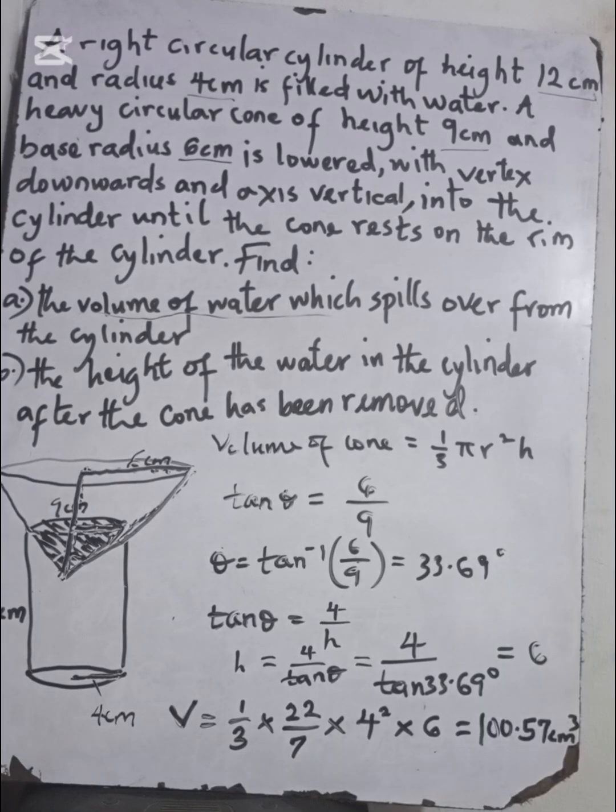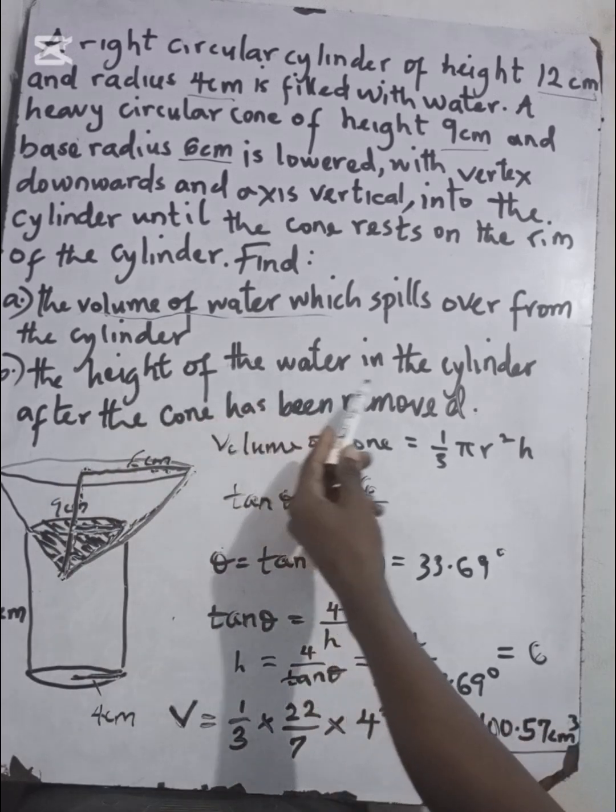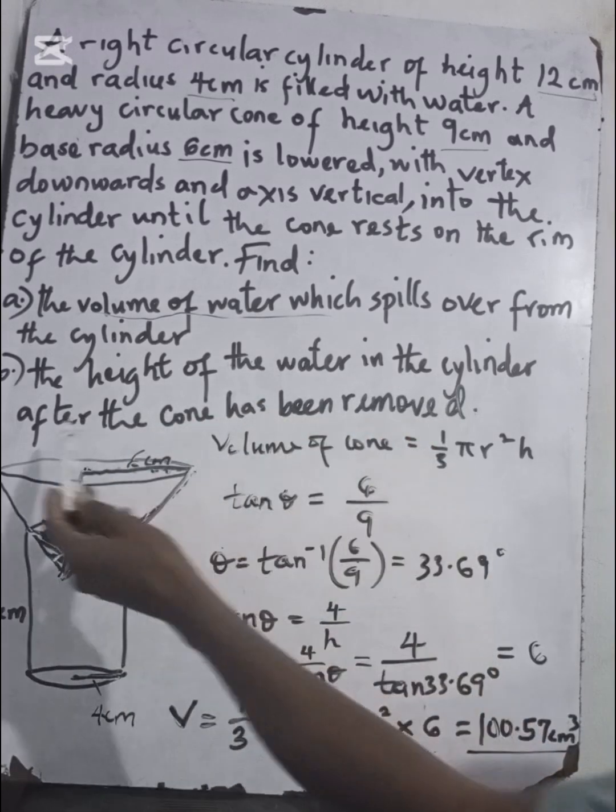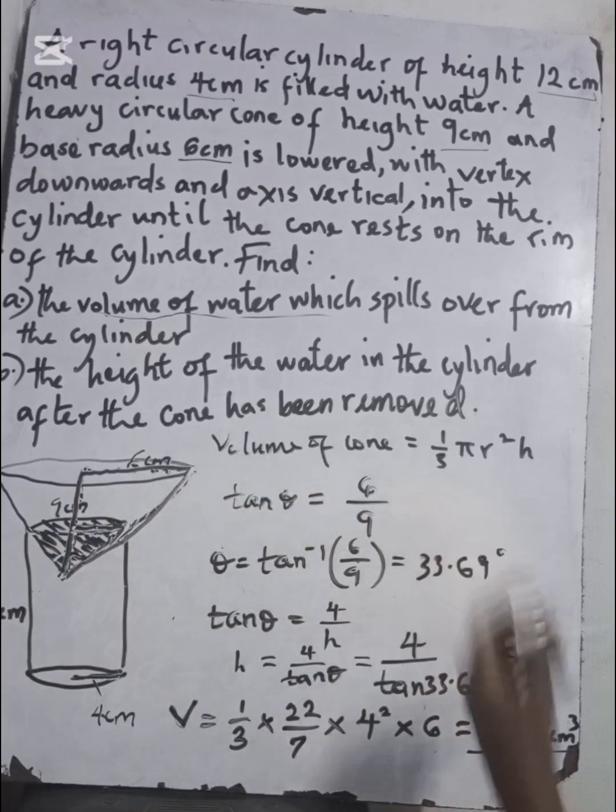So the answer is 100.57 centimeter cube. So the spilled over water now is 100.57 centimeter cube.